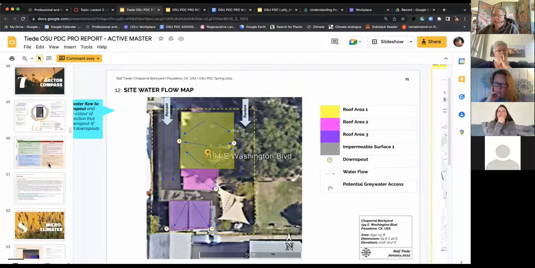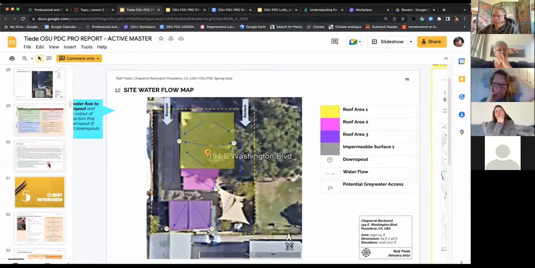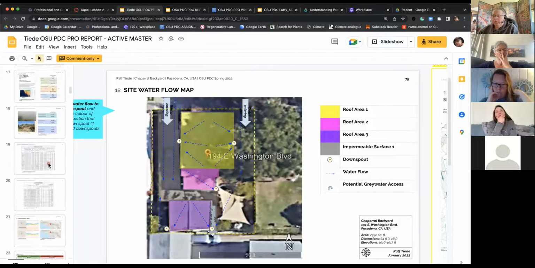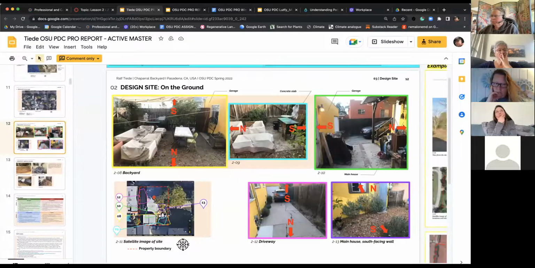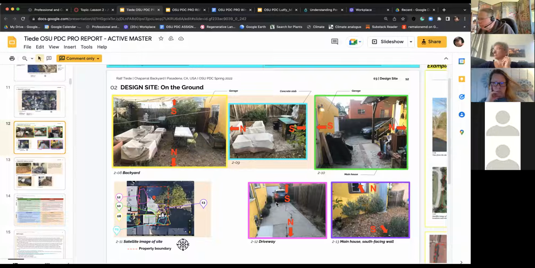Let's go back to some site photos. That would be at the beginning. In some ways, when we're looking at hard surfaces, they often get patterned off of the structure. And that's been done here.